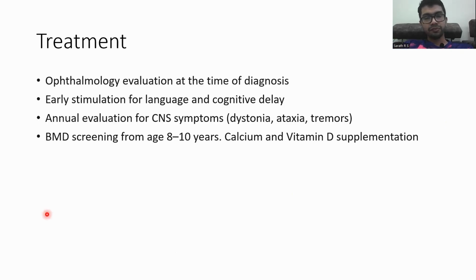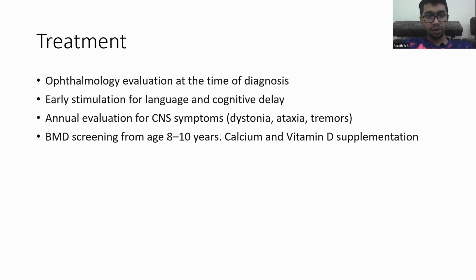Treatment also involves ophthalmological examination, because there's a chance of cataract. And remember, the cataract of galactosemia, if it is not dense, if it is in the initial stage, can be reversed by dietary management. However, if it goes untreated or improperly treated, then it will become dense, and then we need to go for surgical management.